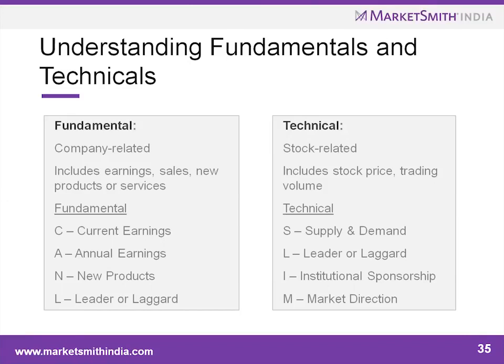Or to put it another way, we do all the fundamental analysis which any strategy would do, so it's like 100% fundamentals, but that extra 20% of the technicals we do focus on. Fundamentals include the earnings of a company, sales, new products or services. So C, A, N, and L are the fundamental criteria of CanSlim, and S, L, I, M are the technical parameters of the CanSlim strategy.